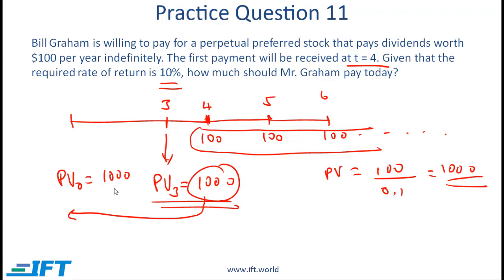So that would be 1000 divided by 1.1 to the power of 3. If you do the calculation, you should get 751.31. This can also be done using the calculator, where the future value is equal to 1000, the payment is 0, the interest rate is 10, and you compute the present value.